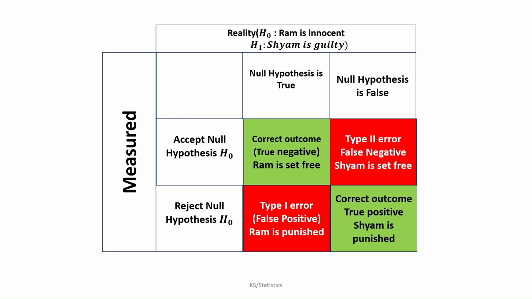Null hypothesis was Ram is innocent, but due to type 1 error, Ram is punished. When null hypothesis is false and if it is rejected, then it is a correct outcome. Sham was guilty, so in this case, Sham is punished.